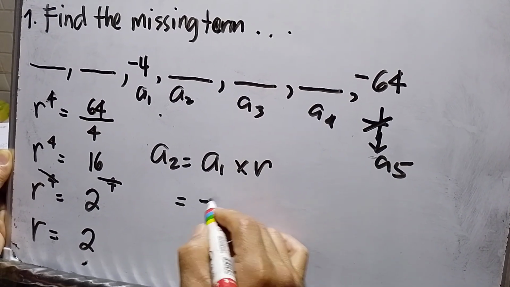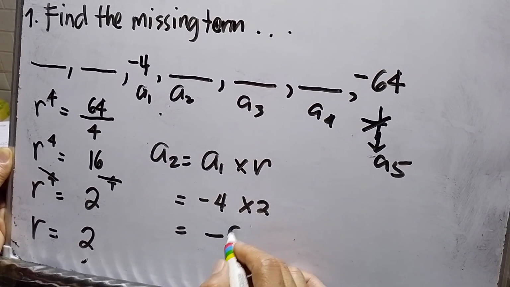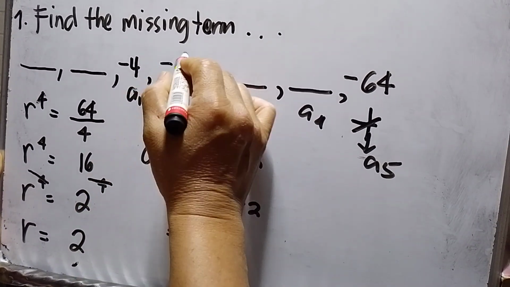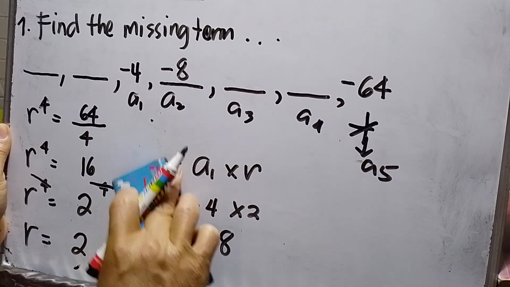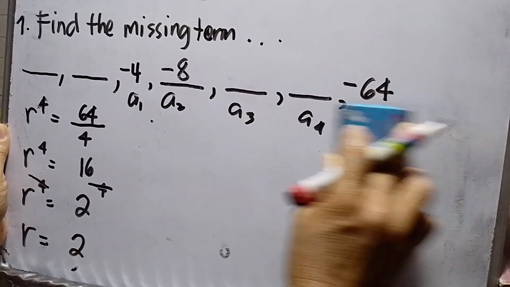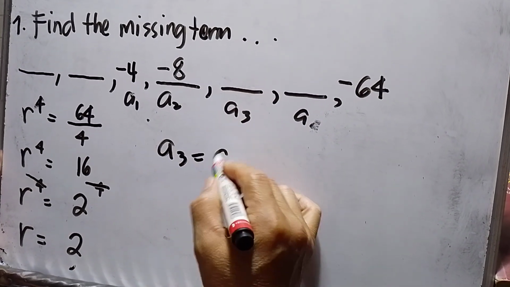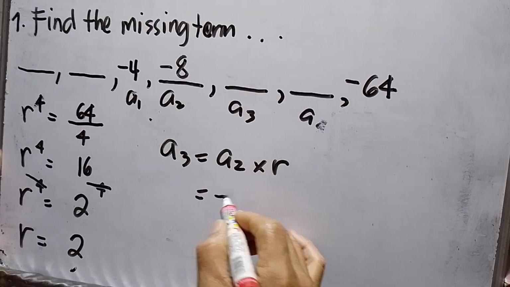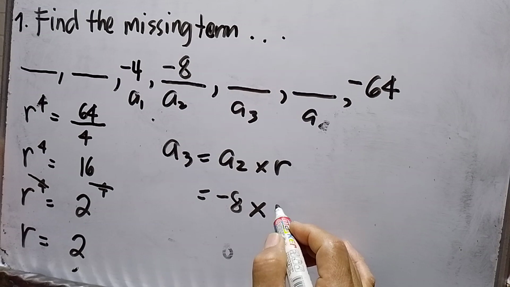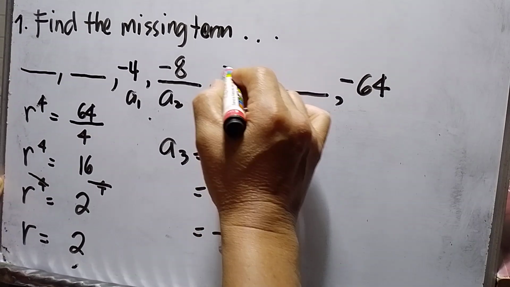So a1 is -4 times 2. So my a2 or a sub 2 is equal to -8. How about my a3? a3 is equal to a2 times r. a2 is -8 times r is 2. So my a3 is -16. So this is -16.